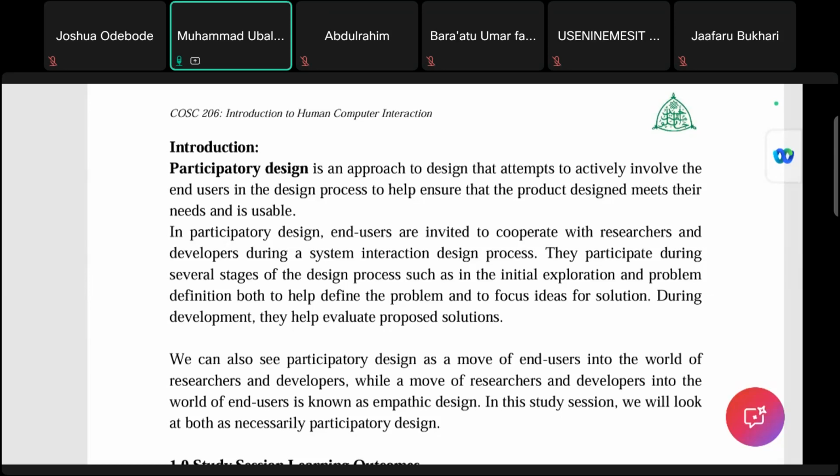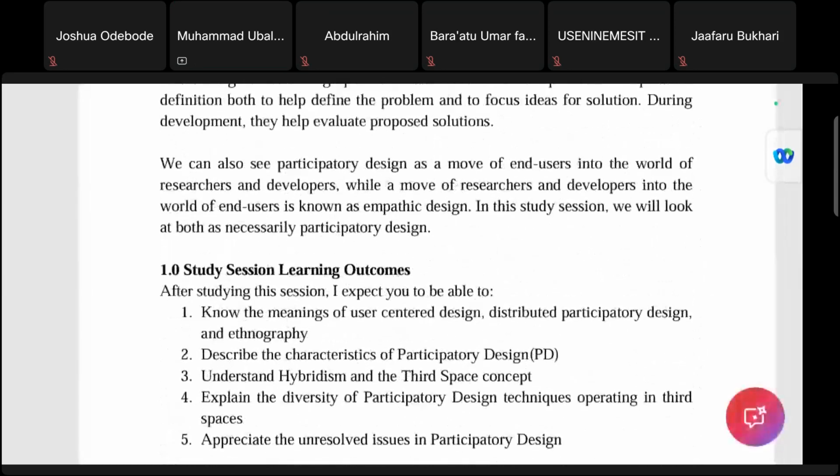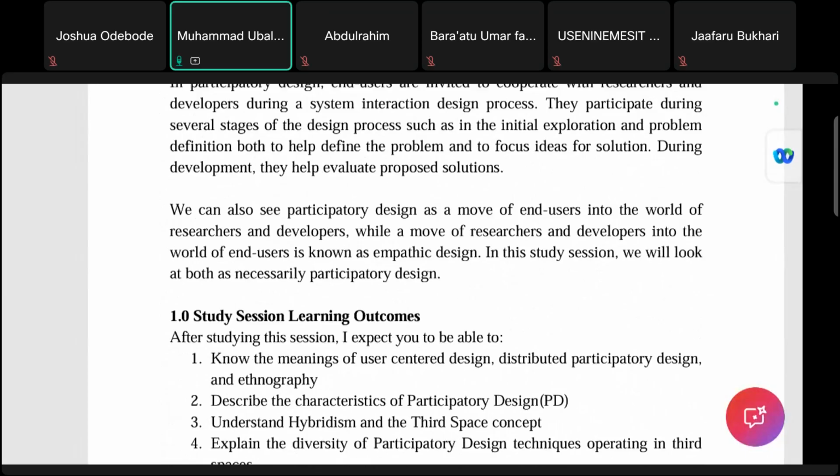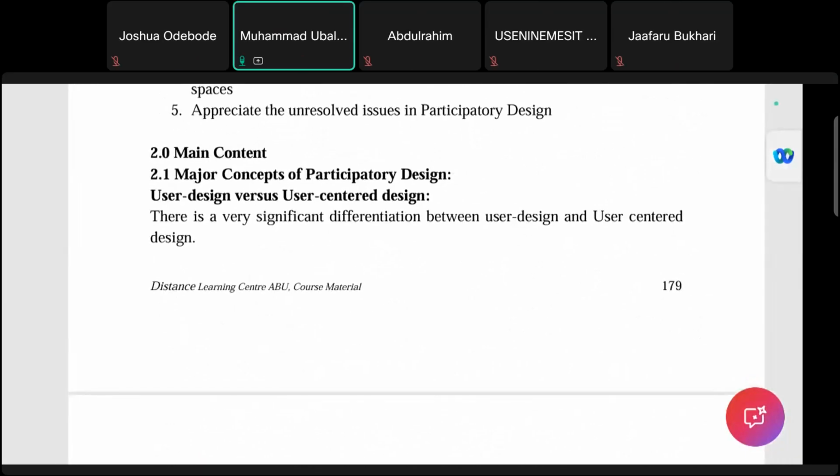So this is what today's lecture is going to be all about. We're trying to study the relationship between developers as well as end users who are actively participating in the design process. This is what we are going to look into today.